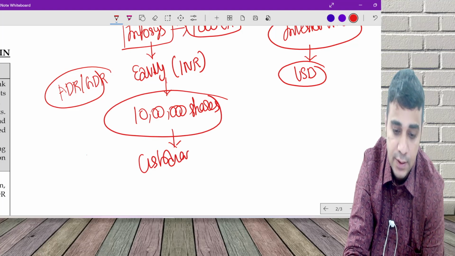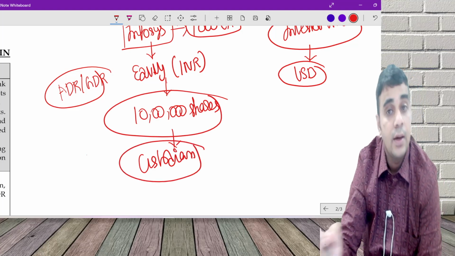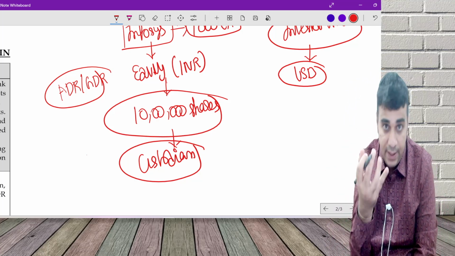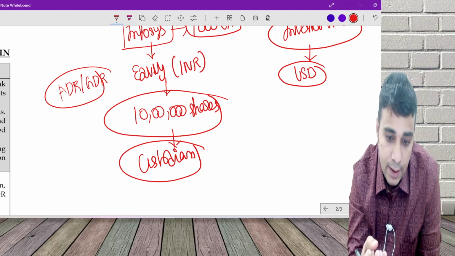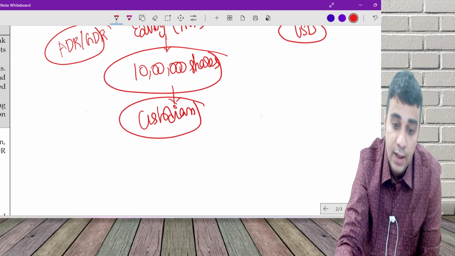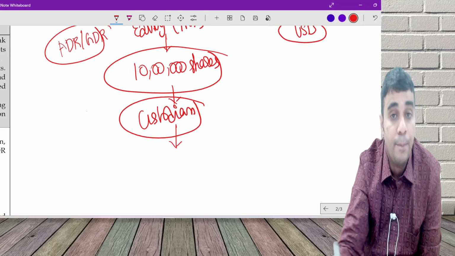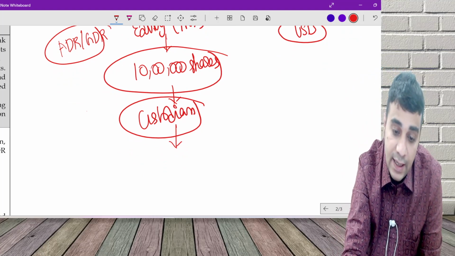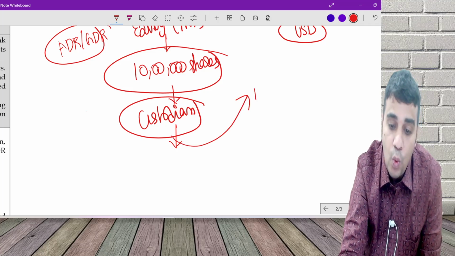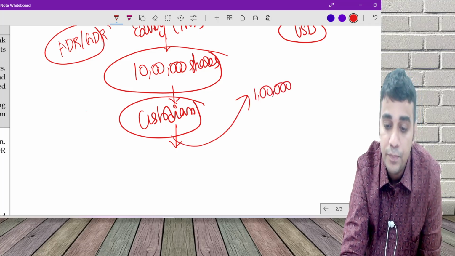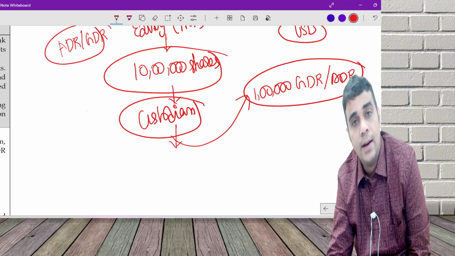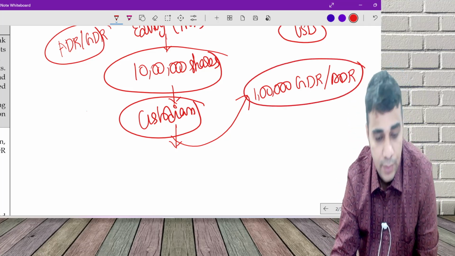Against this deposit of shares, instead of issuing them in the market, I give them to a custodian, and this custodian or depository participant bank will issue, against the security of these shares, 1 lakh GDR or ADR. Both are the same. GDR is from any country other than USA and ADR is from the US point of view.